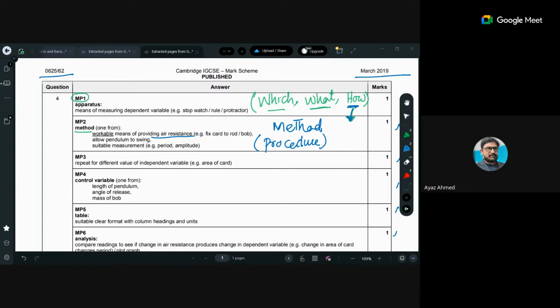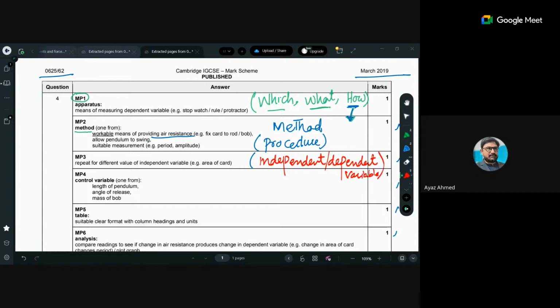Third, this is again very important. Repeat for different values of the independent variable. For example, if you have different variables, you can find out which one is independent and which one is dependent variable. Okay, this would give you 1 mark.